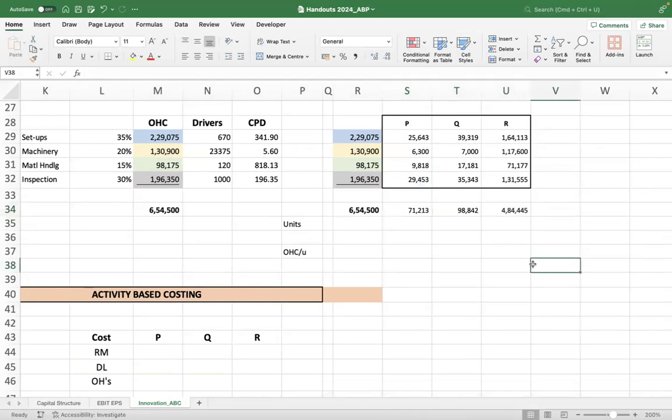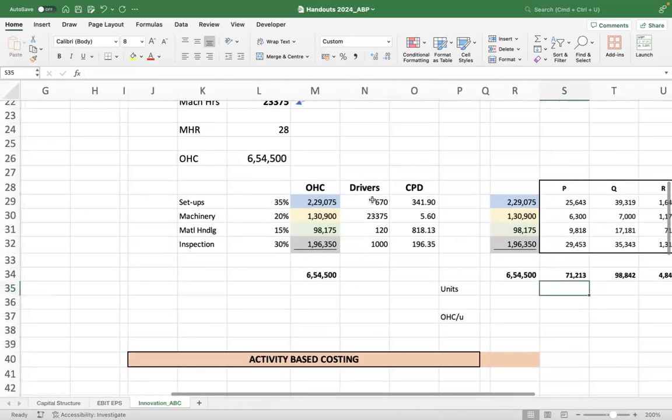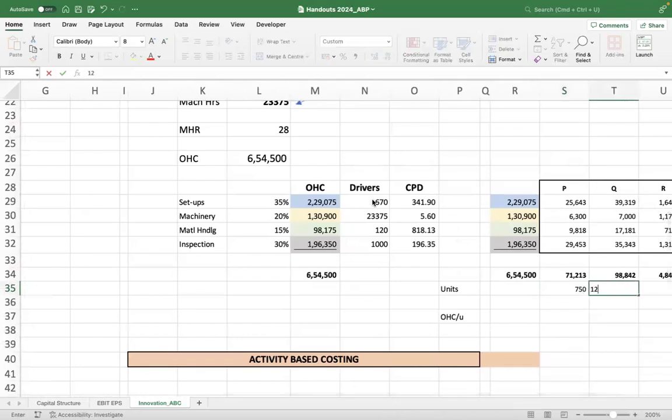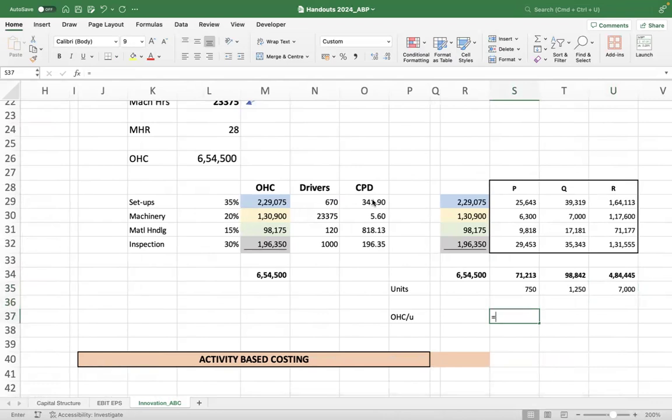So this is the overhead cost allocable to P, Q, R. Now you know very well what are the number of units that you have produced. Don't you know it? You know it. कितने units produce हुए P, Q and R के? 750, 1250 and 7,000. तो इससे आपको क्या मिलेगा? You will get the accurate overhead cost per unit.